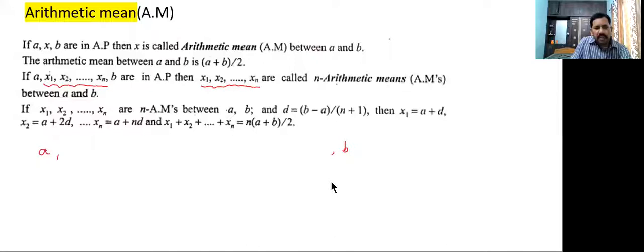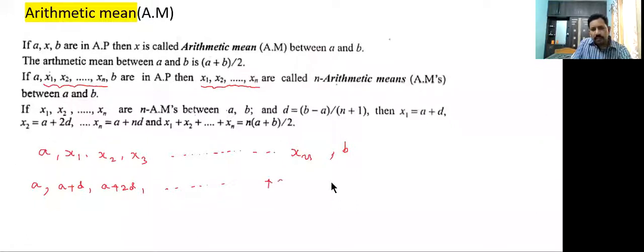In between we insert n arithmetic means x1, x2, x3 and so on xn, then b. In an arithmetic progression we know the terms are a, a plus d, a plus 2d, a plus 3d and so on, up to a plus nd, and then a plus (n plus 1) into d.